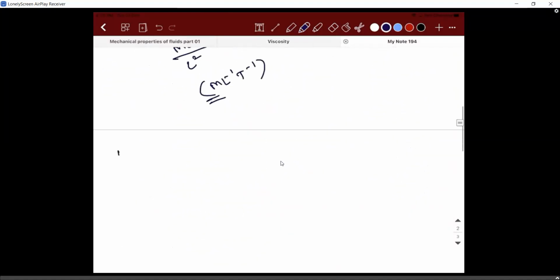Or I will put the question like this: 1 Newton second per meter square is equal to x times 1 dyne second per centimeter square. What is the value of x?